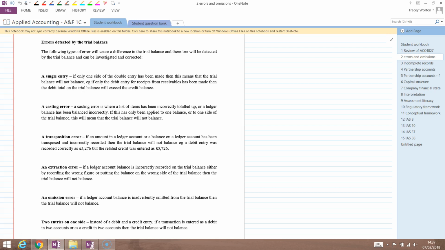You could have an extraction error. So the ledger account itself is correct in terms of the entries, but when you've actually taken the account balance into the trial balance, you've recorded the wrong figure or potentially put it on the wrong side of the trial balance.